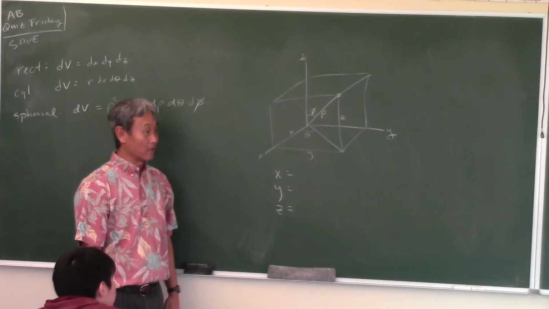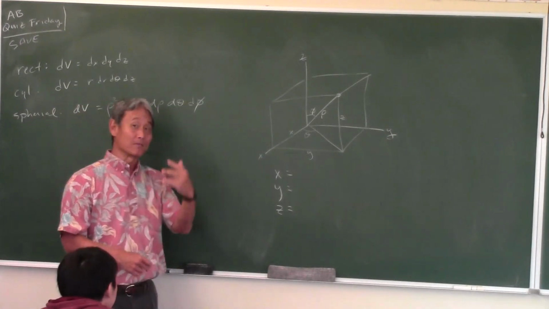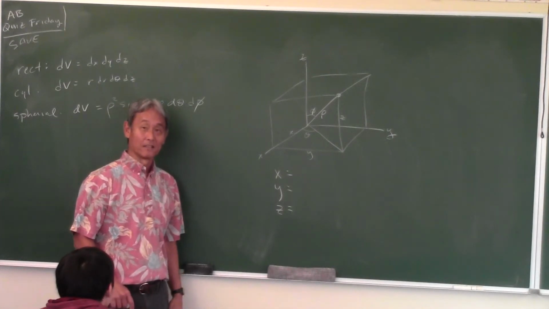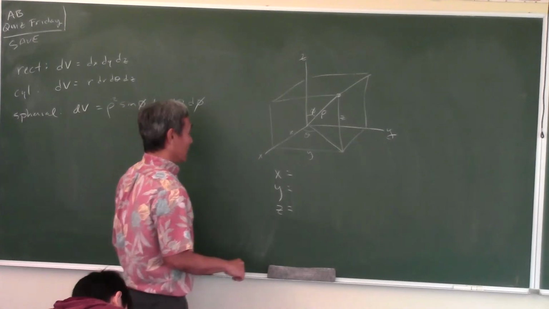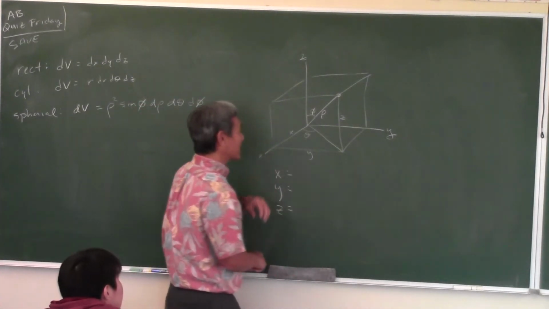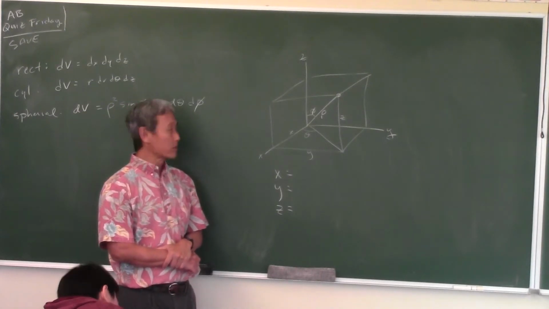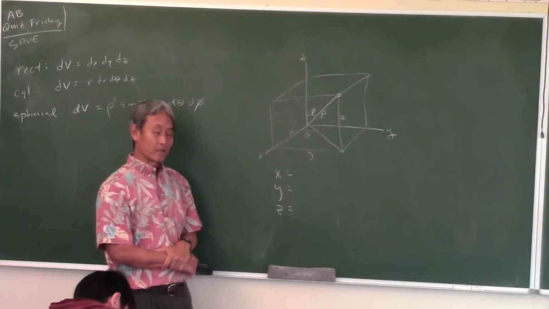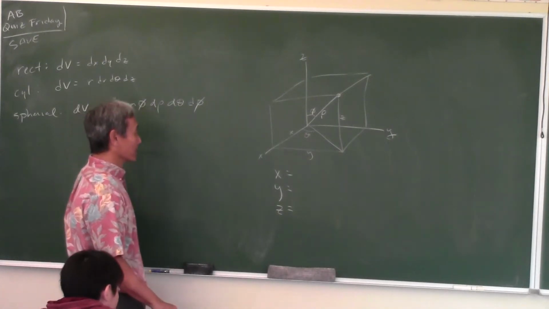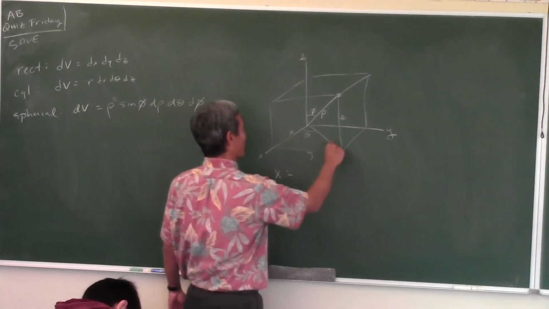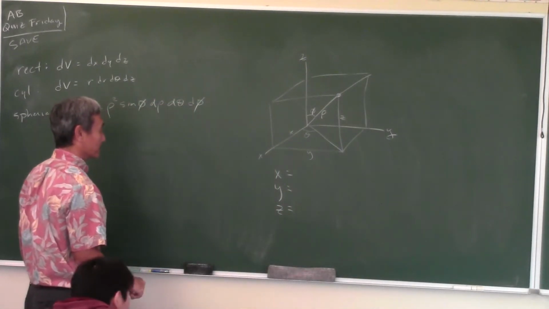Or was it express rho, theta, and phi in terms of rectangular coordinates? I can't remember, but let's just do it. So how do you figure out x, y, and z in terms of rho, theta, and phi?